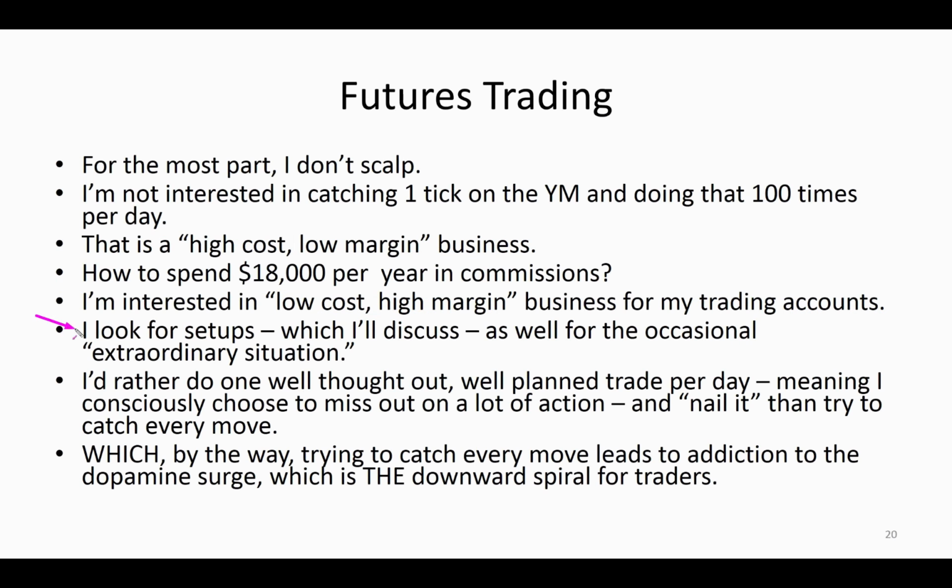Now, one futures contract I did not mention that I also like to trade is futures on the VIX, and that's actually a pretty solid one to trade as well. So when it comes to futures trading, I'd rather do 1 or 2 well thought out, well-planned trades per day, meaning I consciously choose to miss out on a lot of the smaller action, okay? I'd rather wait for those 1 or 2 opportunities and really nail it than try to catch every move. So that's some of the things I like to do.